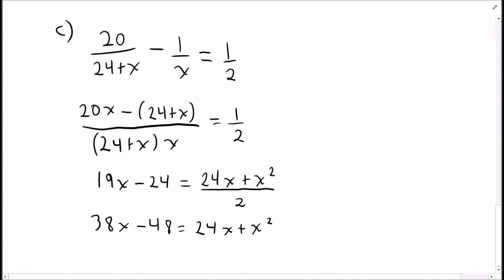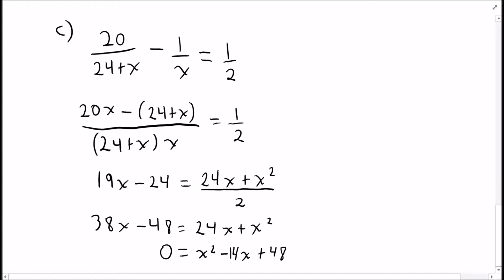I'm now going to collect everything to one side, which will be a quadratic, and then solve it. I'll collect it to the right-hand side, so I get x squared. 24 minus 38 is negative 14x, and then negative 48 to the other side will become plus 48.